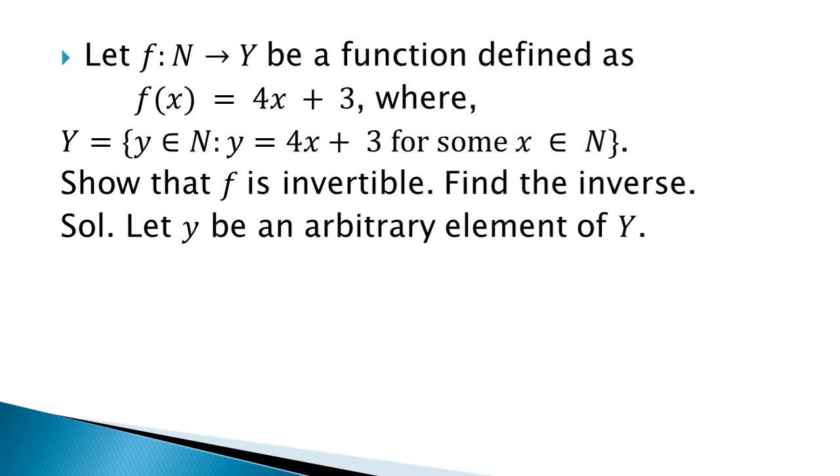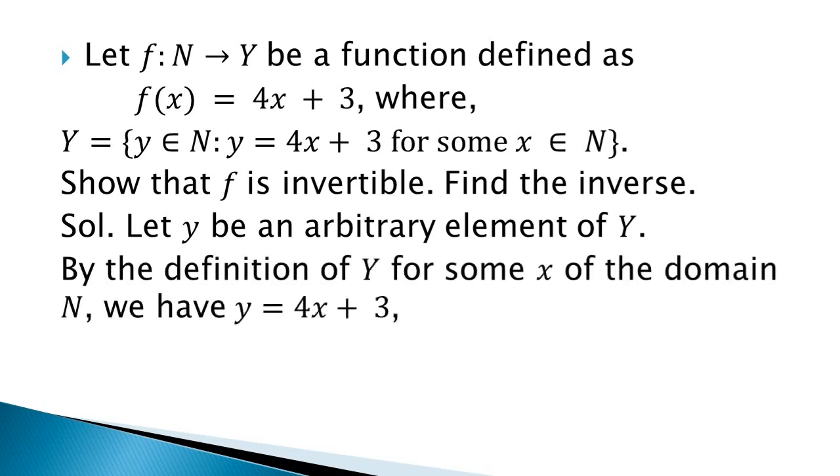So for that we consider an element y from the codomain set y. Now by the definition of the elements of the set y, we have an x in the domain N, meaning for every y we will have a natural number x such that y equals 4x plus 3.